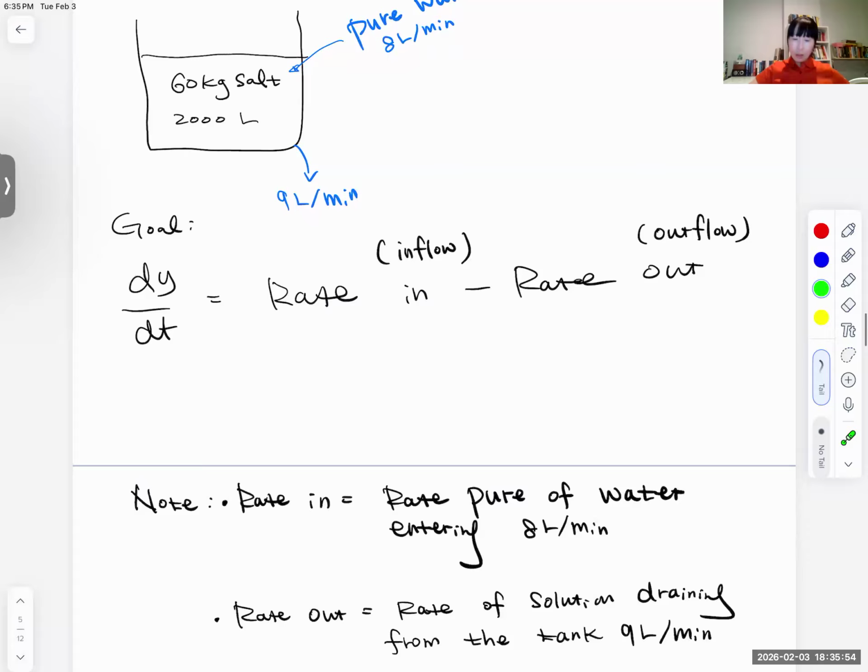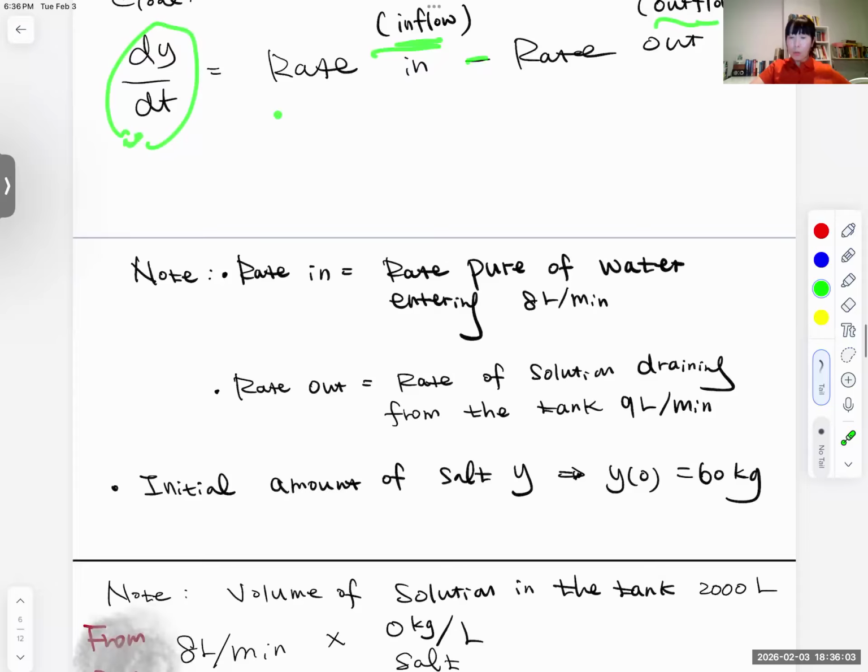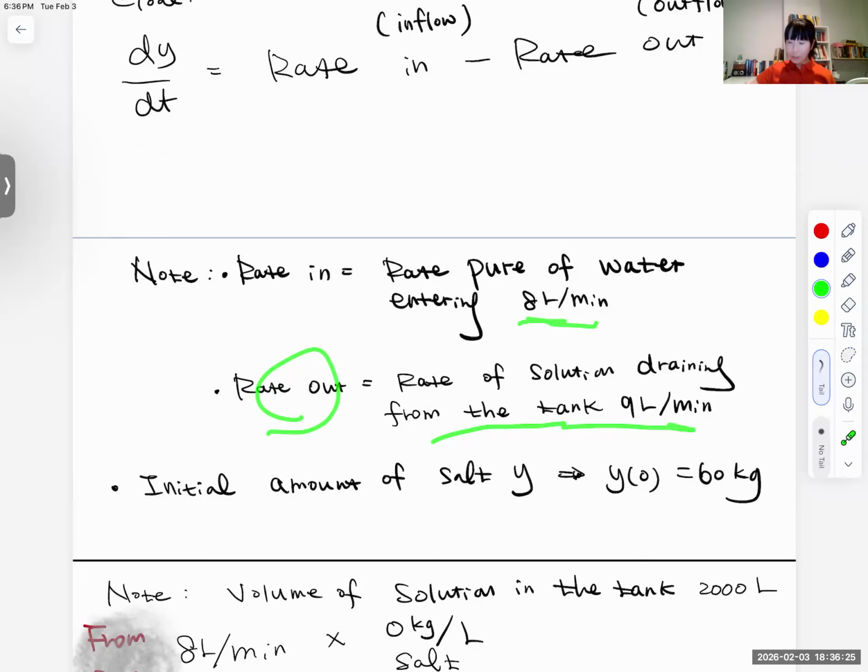Then we talk about the differential equation: inflow subtract outflow, rate in minus rate out. Rate in is the rate of pure water entering, 8 liters per minute. Rate out, the drain, is 9 liters per minute.